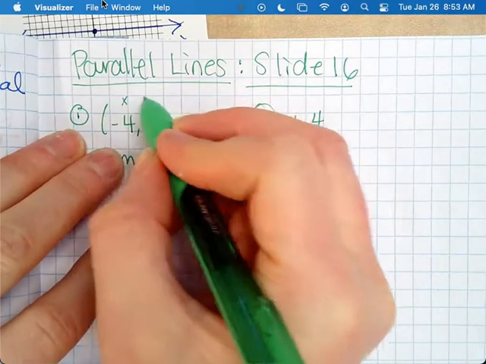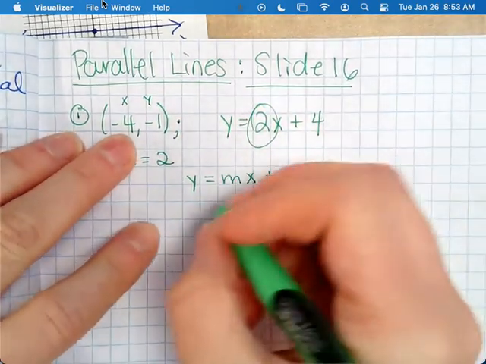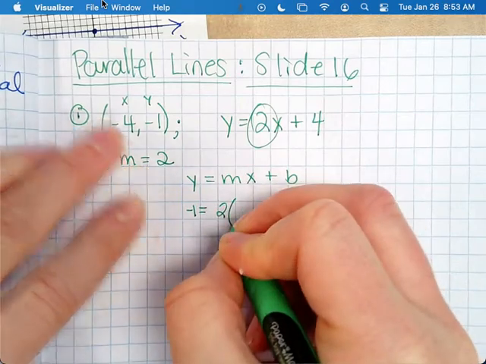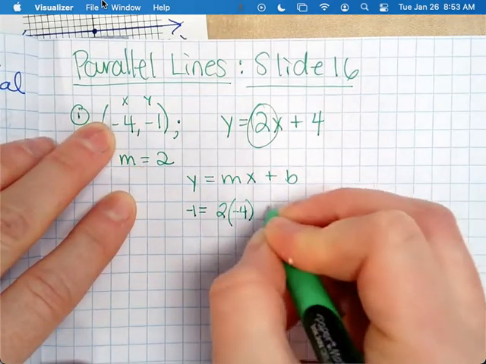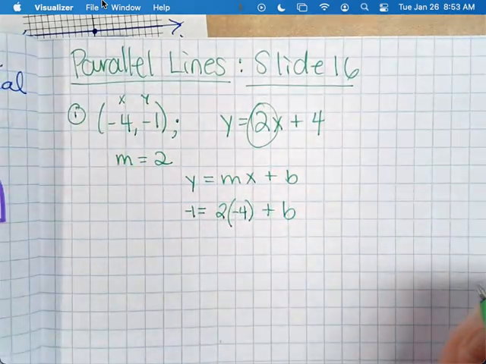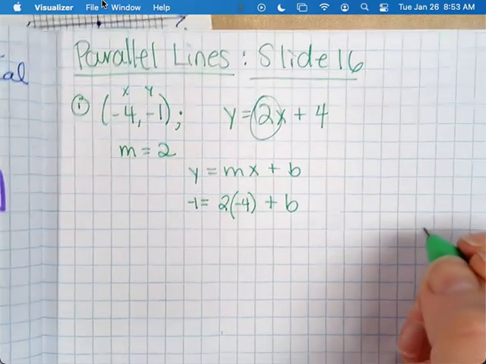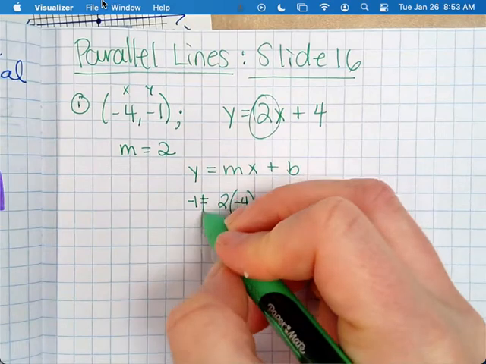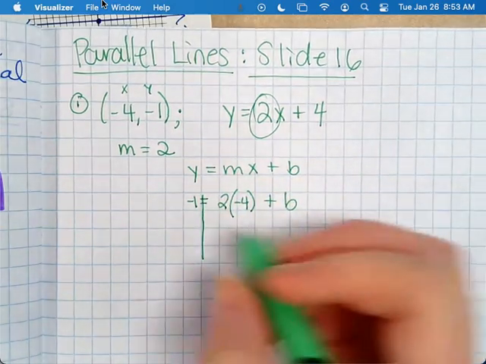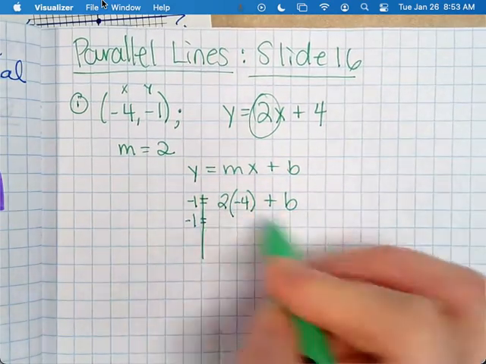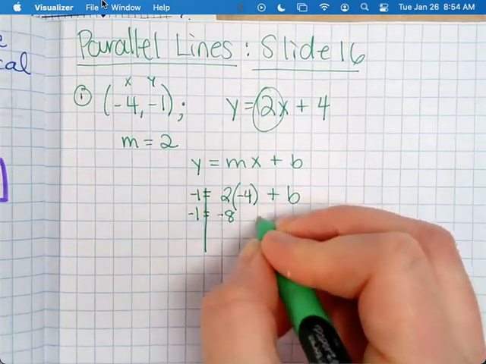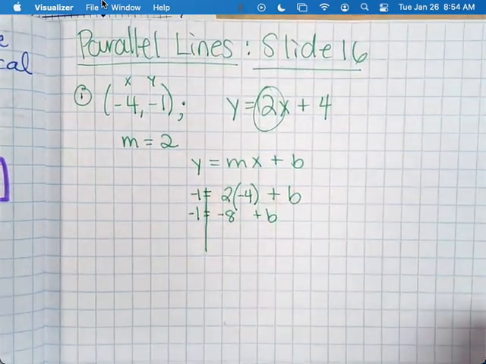So this is x, this is y. So this will be -1 equals 2 times -4 plus b. So -1 equals -8 plus b.